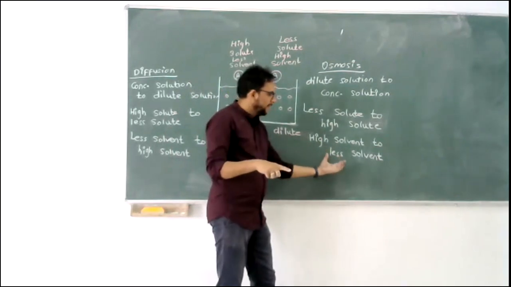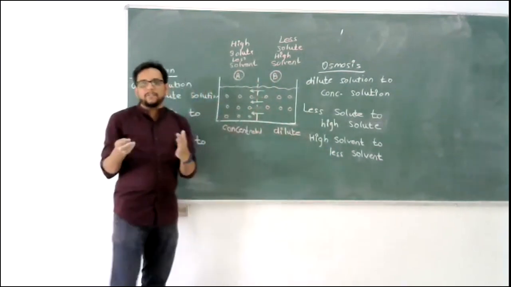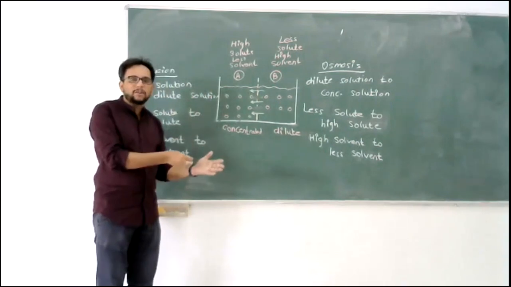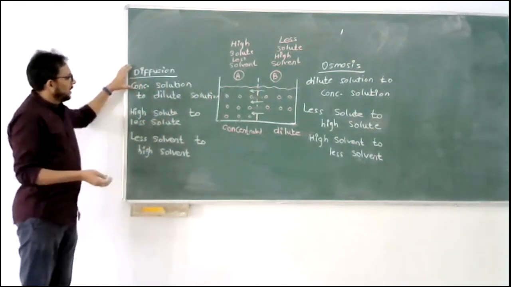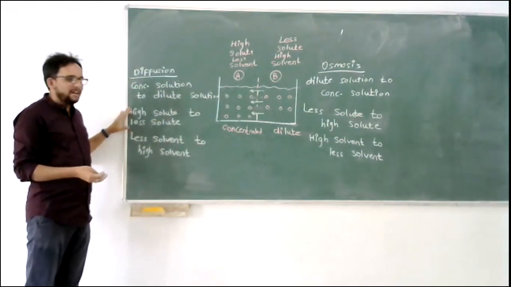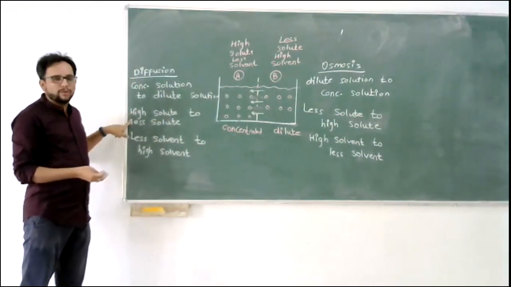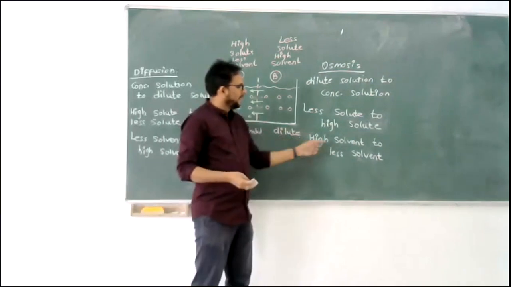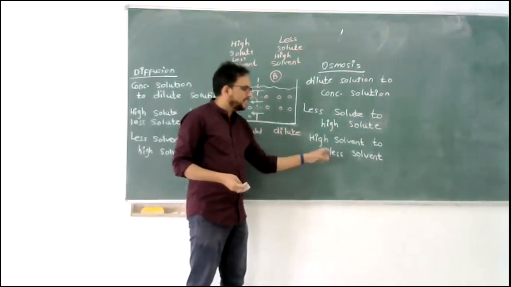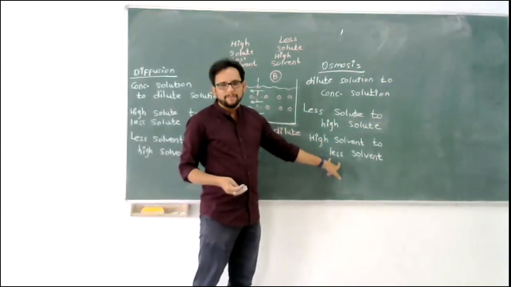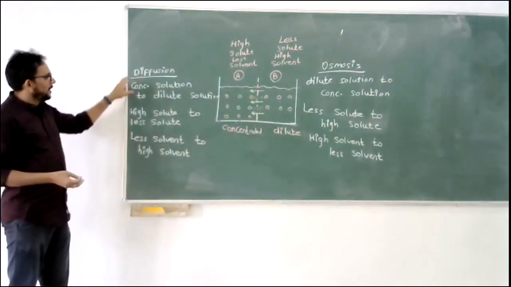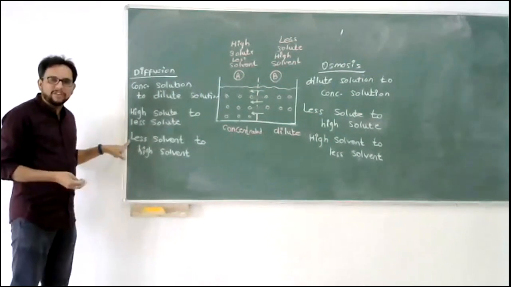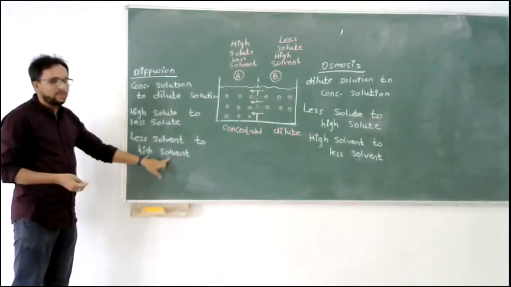So the context of concentration gradient is whether it is with respect to the solute or with respect to the solvent. Diffusion is the concentration gradient with respect to solute. Osmosis is the concentration gradient with respect to solvent. And if we look at the other parameter, diffusion is against the concentration gradient of the solvent.